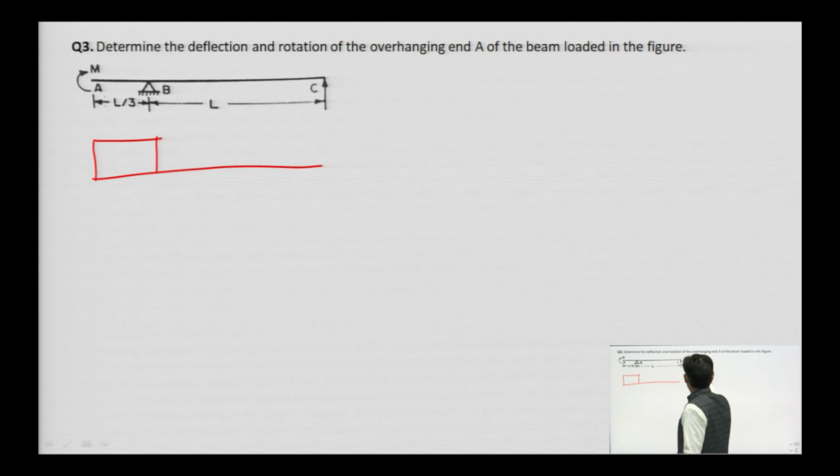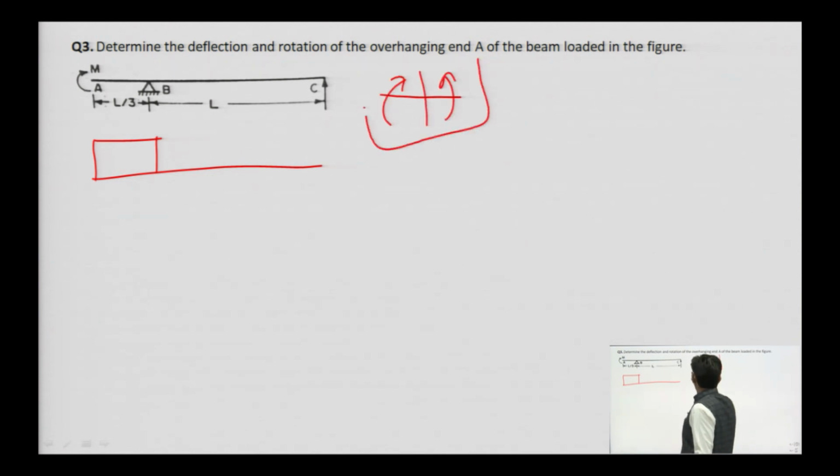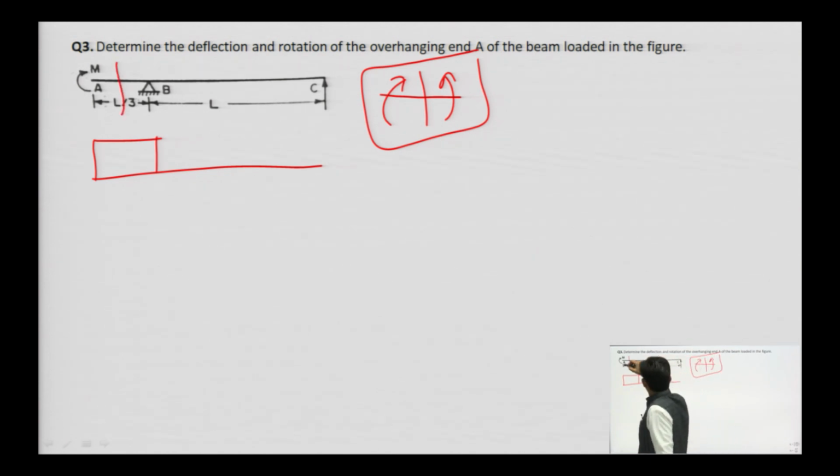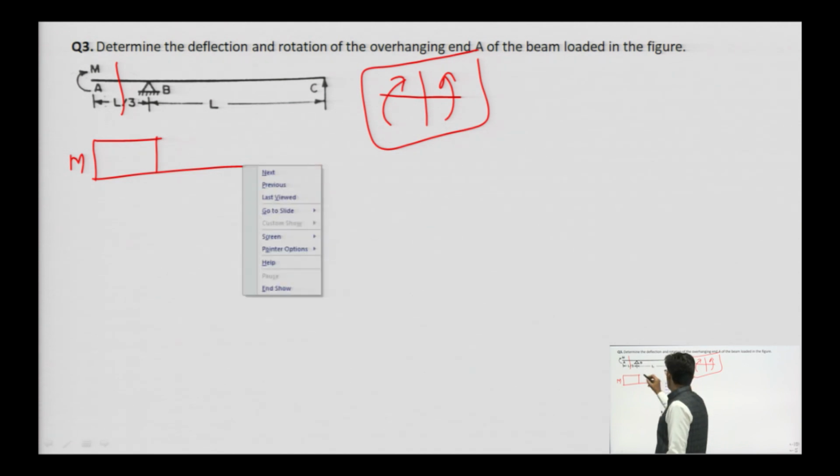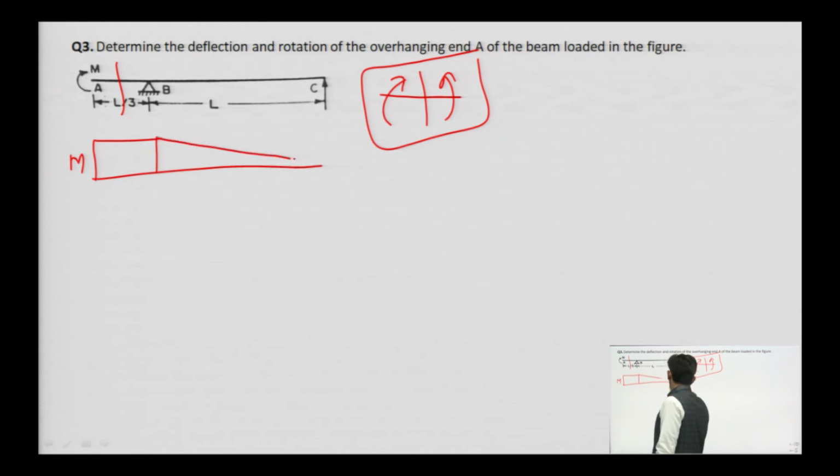Let us take a sign convention: this one we are going to take as positive. This is anticlockwise, so we are taking it as positive. Here it is M, at this point it is 0. So this is the bending moment.